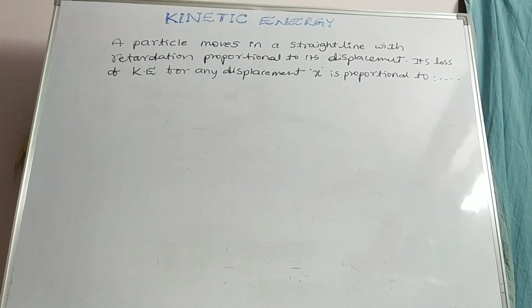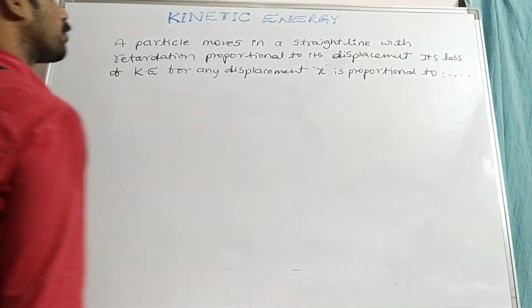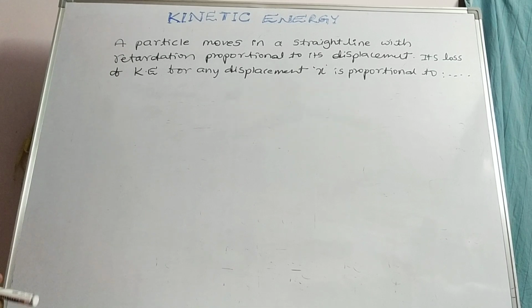Now here we have a particle that moves in a straight line with retardation proportional to its displacement. Its loss of kinetic energy for any displacement x is proportional to what? For this question, a is the retardation.